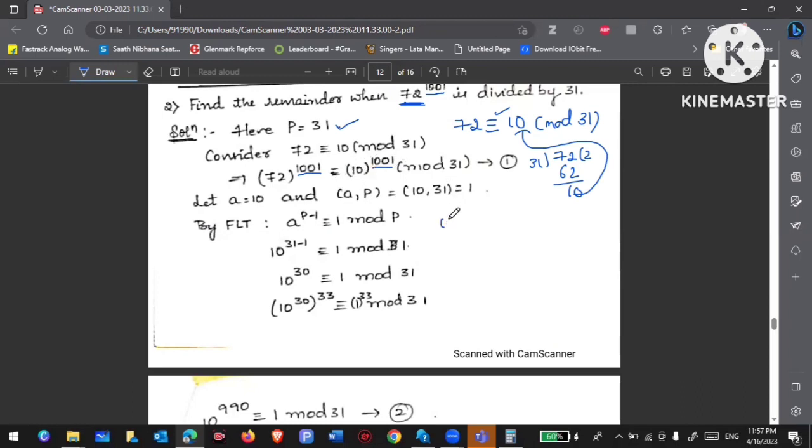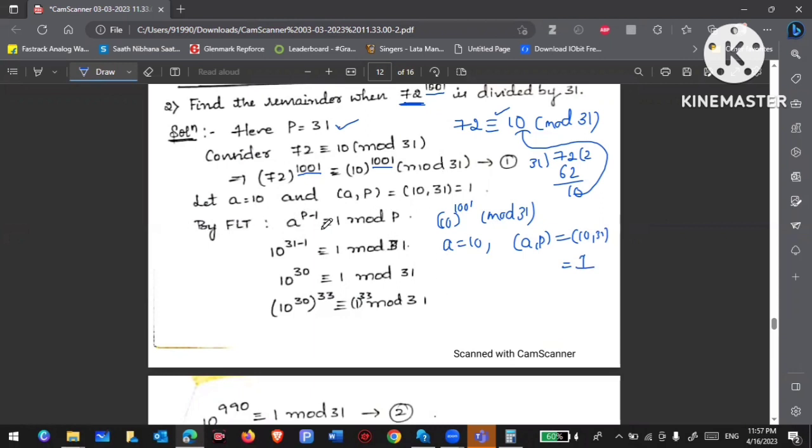By taking 10 to the power 1001 mod 31 separately. The a value we will take as 10. Then the GCD of 10 and 31 will be 1.